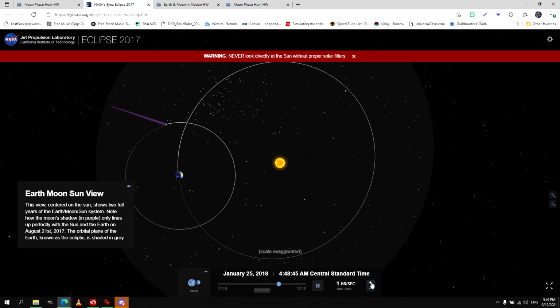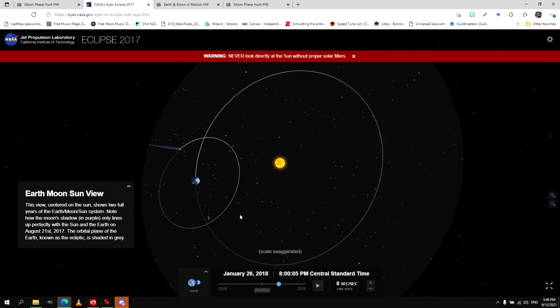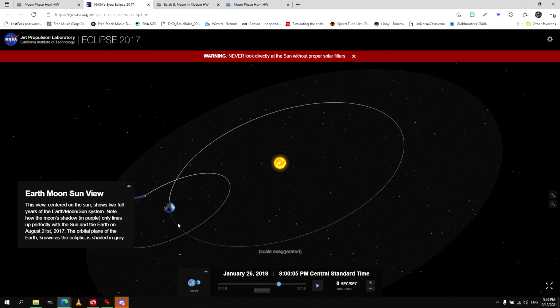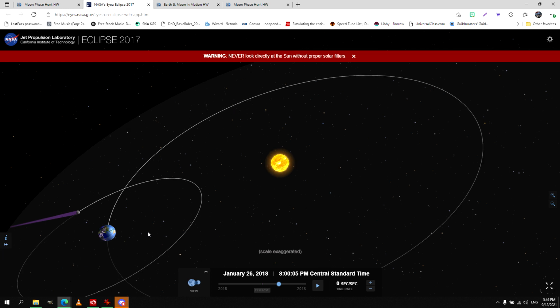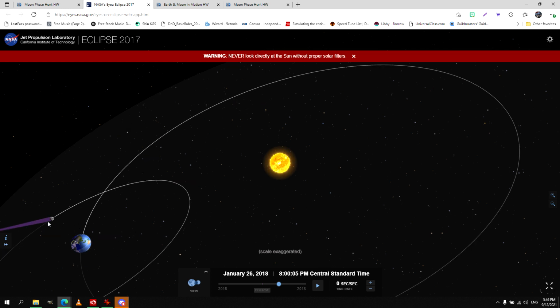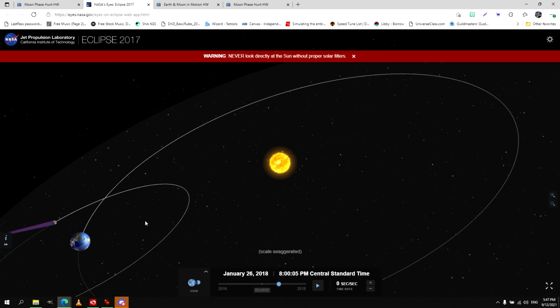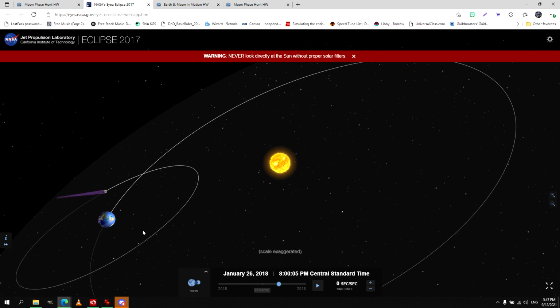There we go. So right here, we're going to take a look and see what phase the moon is in. I can zoom in. I'm going to close that window. I can zoom in, and you can kind of see how much of the moon is lit up.